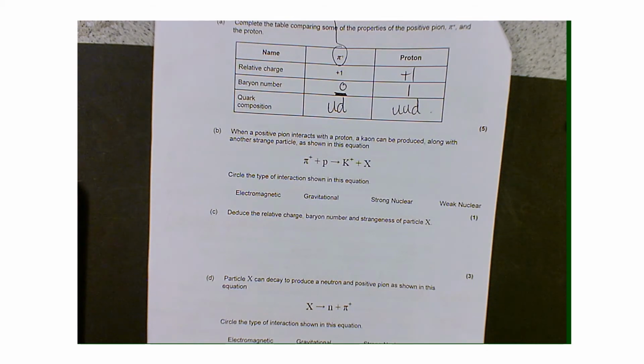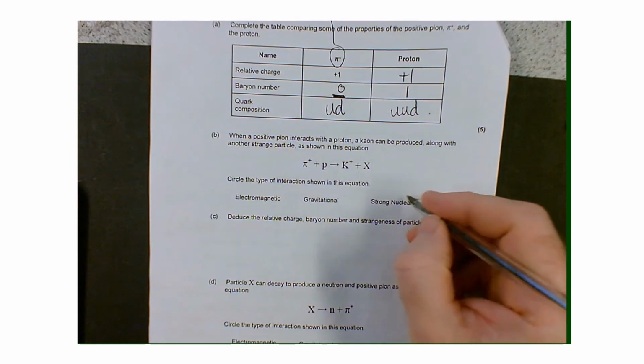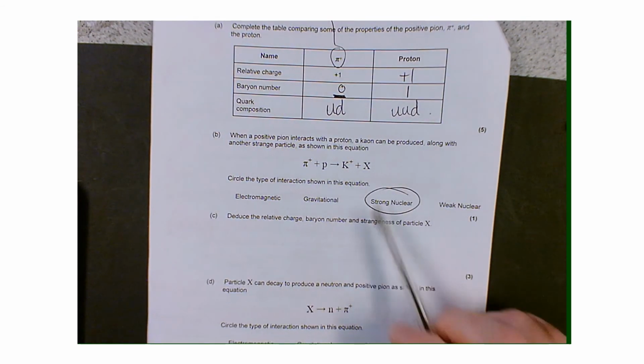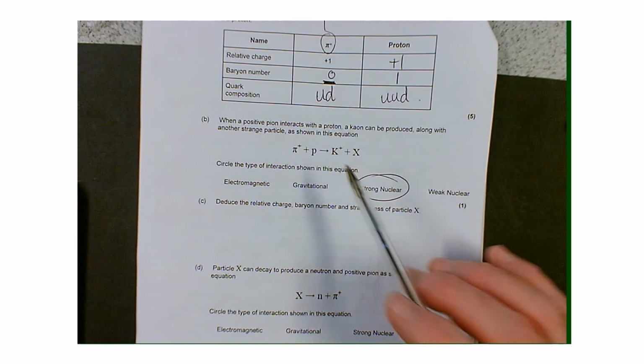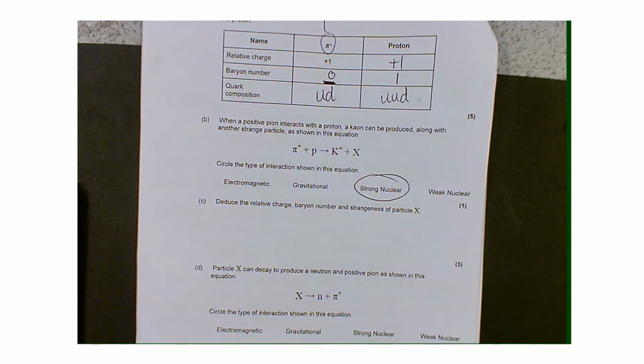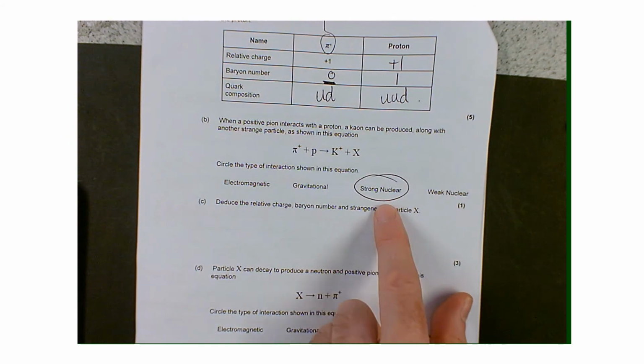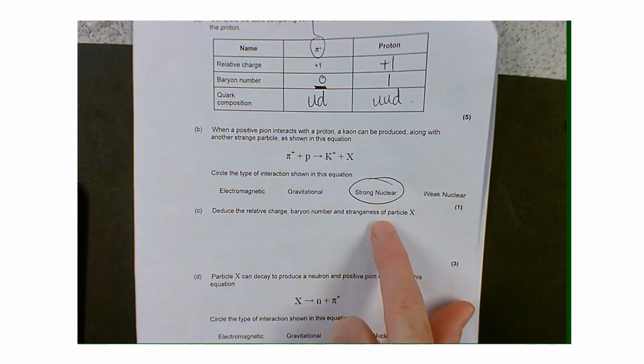Who goes for the weak interaction? Who goes for the electromagnetic interaction? So the answer is strong. We've only got quarks involved here, and we're producing a kaon. When a kaon decays, we have the weak interaction because it's going to produce leptons. But when it's the kaon being produced, it's the strong nuclear.